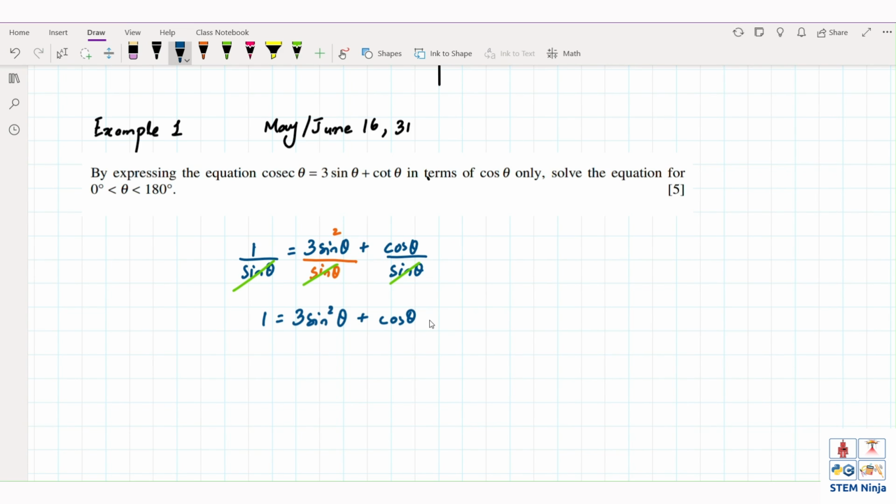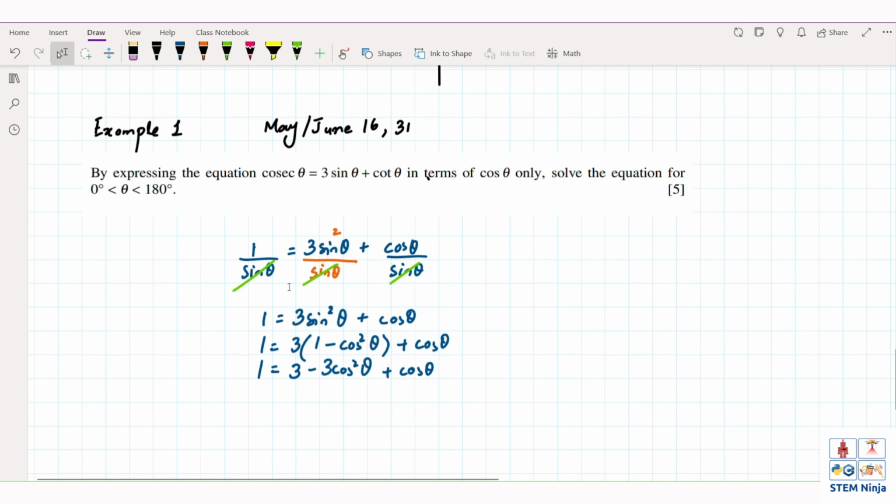Now, the problem is that they asked for the cos theta expression only, so we need to re-express this as 1 equals 3 minus 3 cos squared theta plus cos theta.